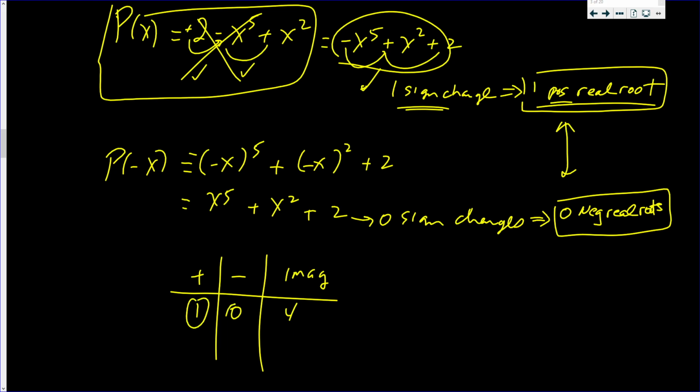Because what do you add to 1 plus 0 to get to 5? The answer is 4, which is a pair. You have 2 pairs. This finishes up this section on Descartes' rule of signs.